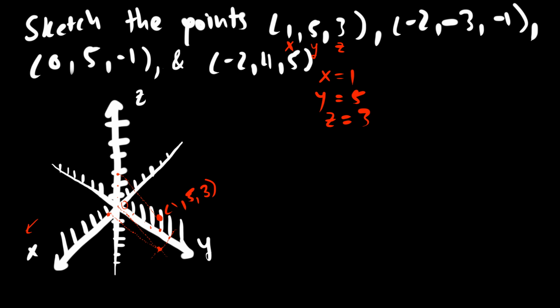And it may seem a little bit odd at first, just because you're new to this stuff, and it may not seem like an appropriate place to place this point, but in actuality, we're dealing with 3 axes, not 2 axes like you're used to.